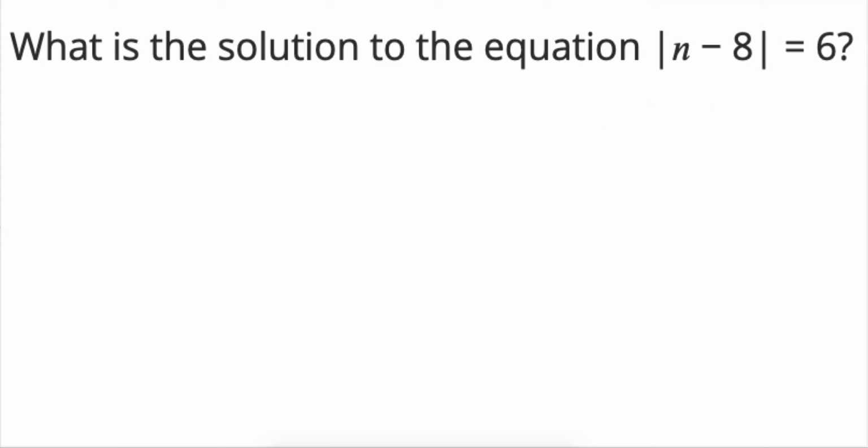Let's try another one. Same thing. n minus 8 could be equal to 6, or n minus 8 could be equal to negative 6. Let's solve. Plus 8 to both of them.